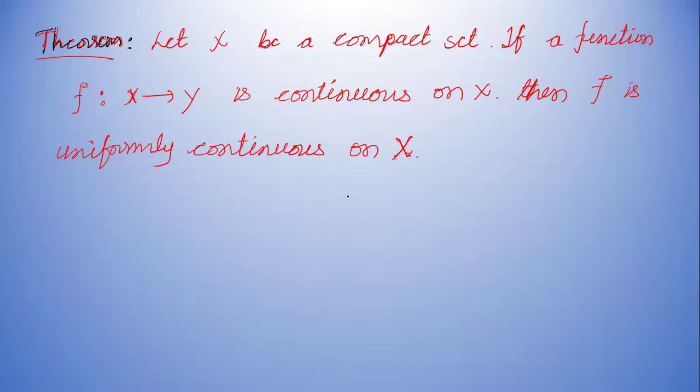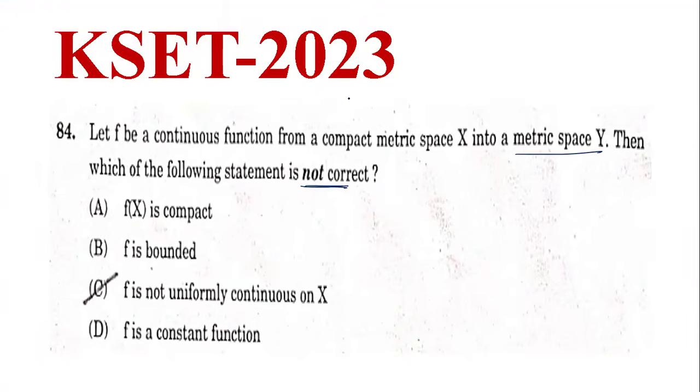In uniform continuity, see result. Let X be a compact set. If a function f from x to y is continuous on x, then f is uniformly continuous on x. This is the result. Based on this result, f is not uniformly continuous, this is false.